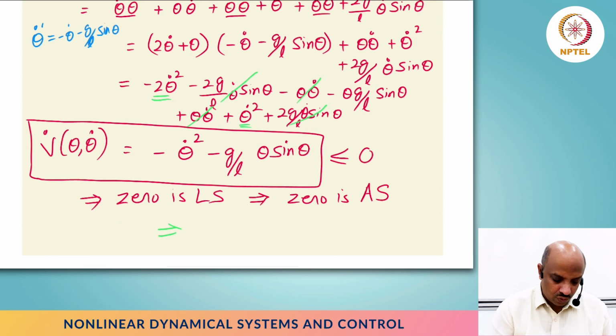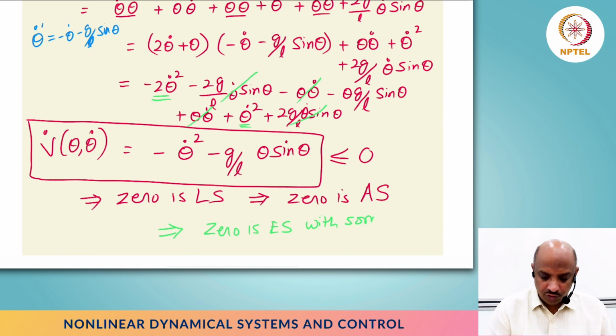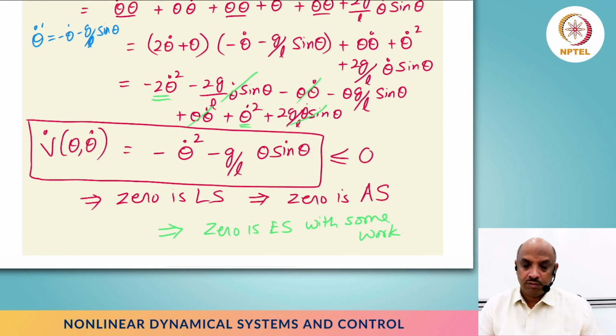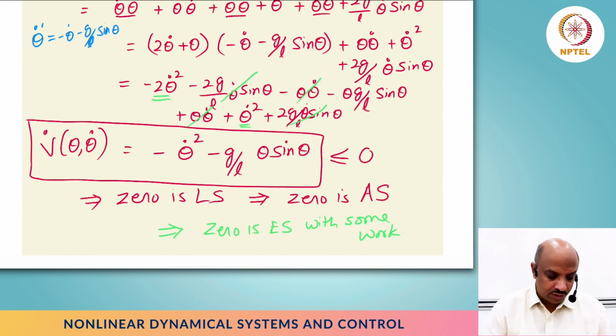Eventually one can show 0 is also exponentially stable with some work. Okay, so that's the way one has to go about it.